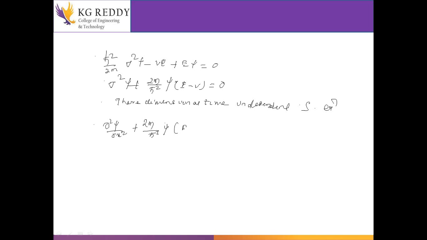What is the equation number? This is equation number 10. This is the time independent wave equation, and this is the 1-dimensional time independent Schrodinger wave equation. Thank you all.